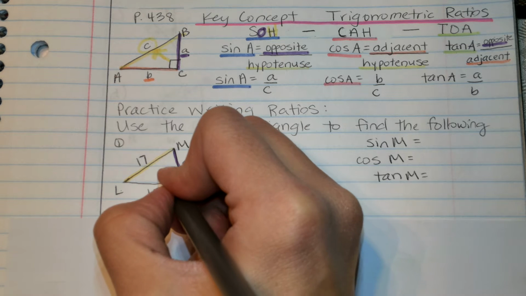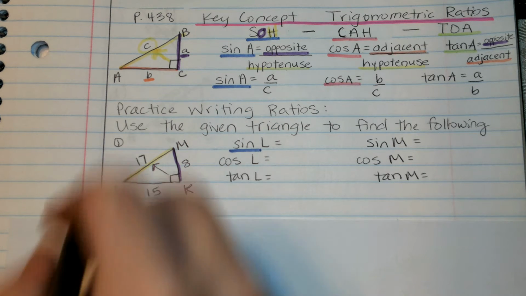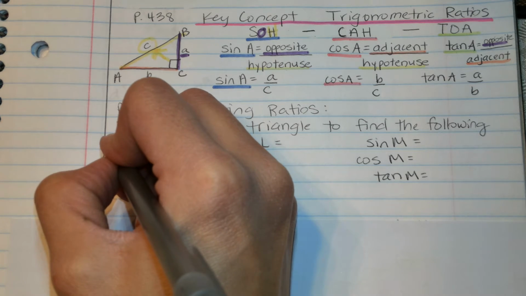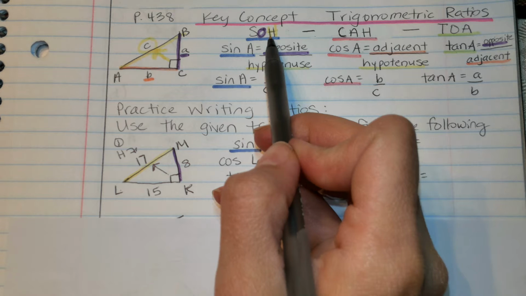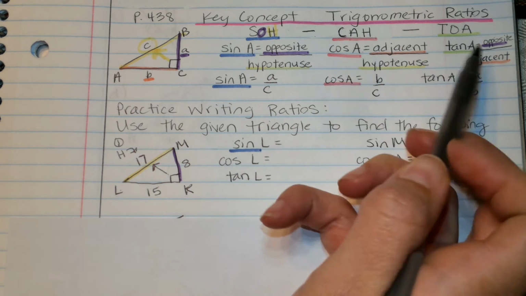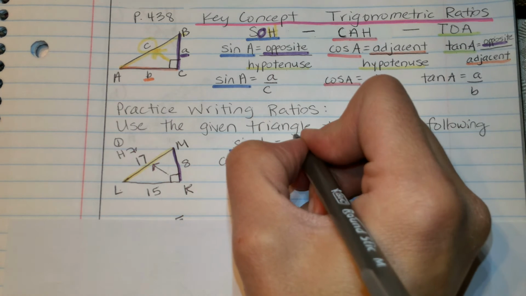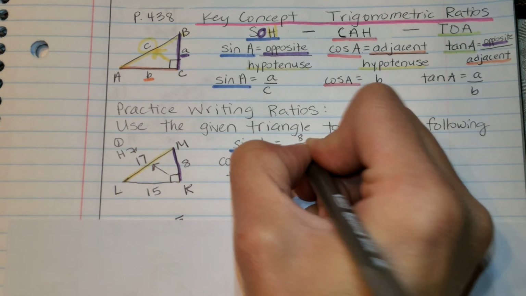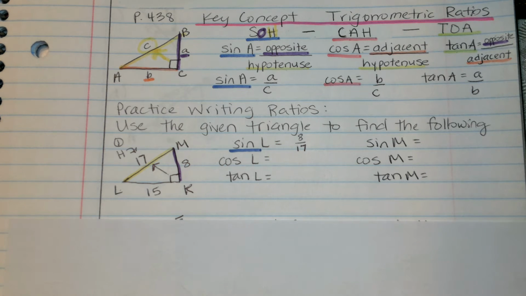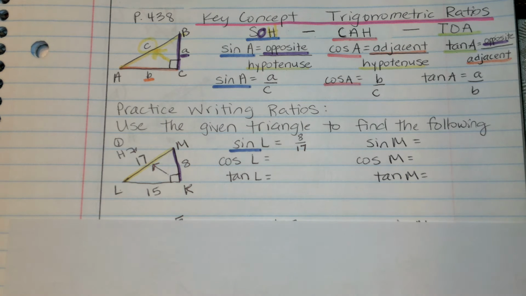And remember that the hypotenuse is always across from the right angle. That's how you know. You could even write an H there. So all you've got to do is write the ratio. It's 8 over 17. I didn't leave myself much space, so I have to write it weird, but that one is 8 over 17.